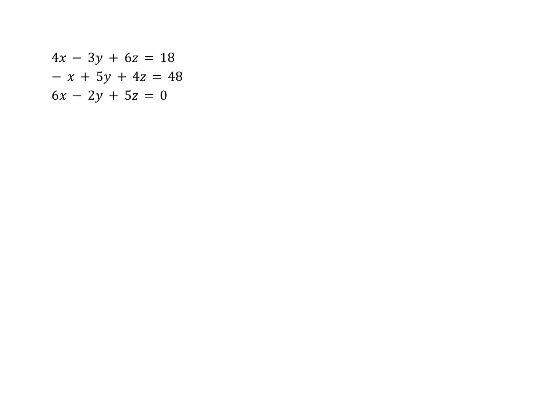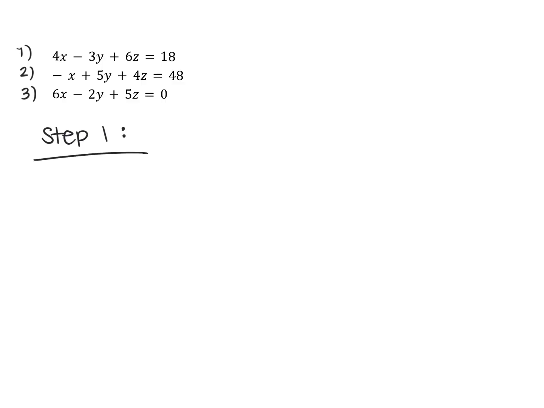Second example, we have 4x minus 3y plus 6z equals 18, negative x plus 5y plus 4z equals 48, and 6x minus 2y plus 5z equals 0. So I'm going to go ahead and number my equations 1, 2, and 3. When I'm trying to decide which variable to eliminate in step 1, I'm going to eliminate x because I have just a coefficient of 1.